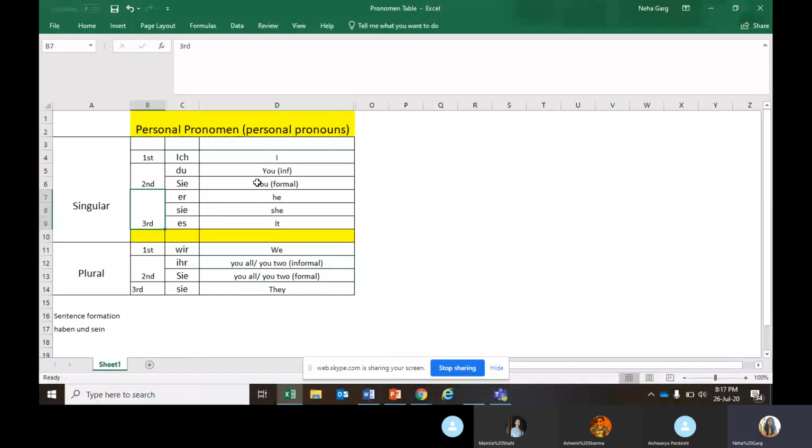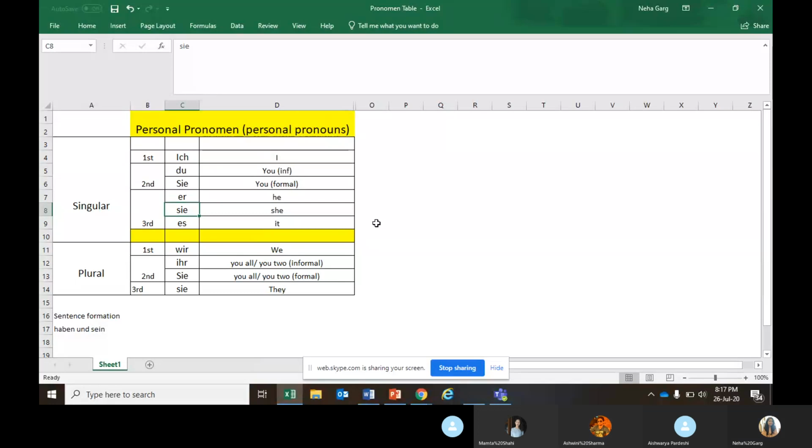Now for third person, he, she, it. For he, we have er. For she, sie, again Sie for she, but that is with small s.